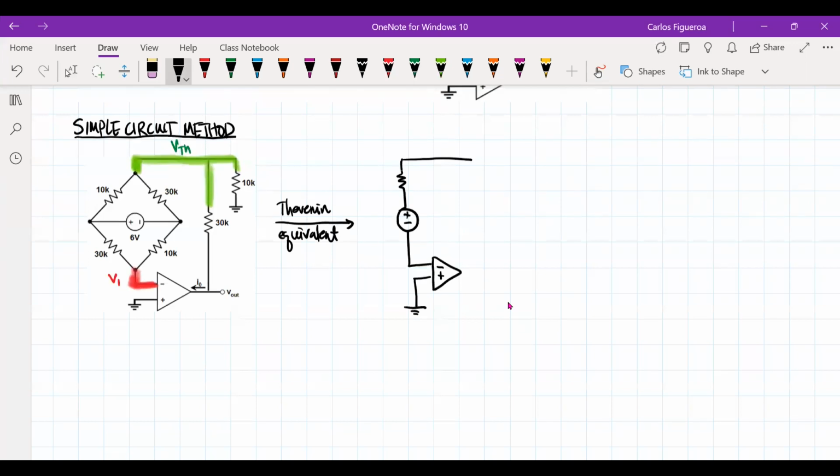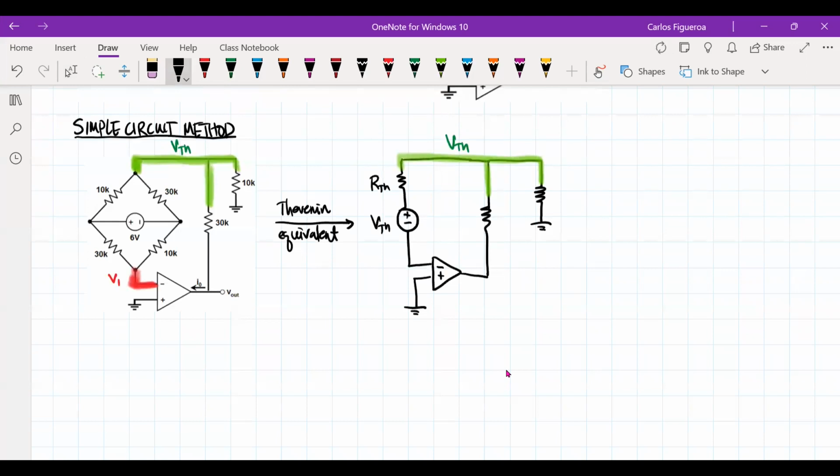And note that I have a 30K and I also have a 10K right here. So this node now is this guy, and this is what I'm calling VTH. Of course, this is RTH right here. And then this is VTH right there.